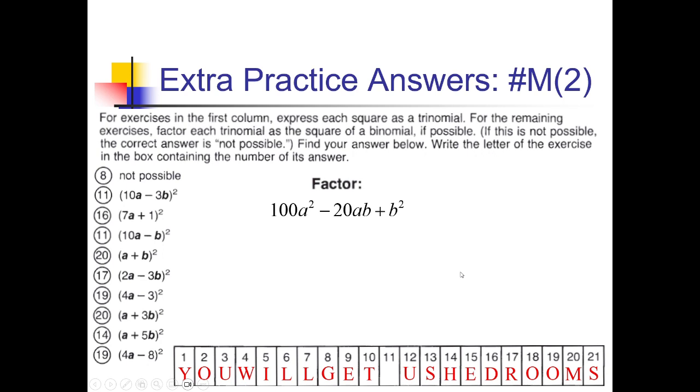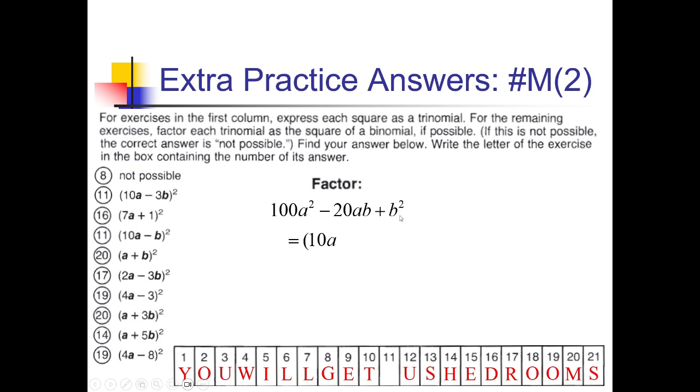Okay, this is our final problem, the second M of the puzzle. There's only one spot left, so I don't think it's going to be a huge surprise what we end up getting for this one. It's going to be one of these 11s, but let's do it out. So square root of the first term is going to be 10A.